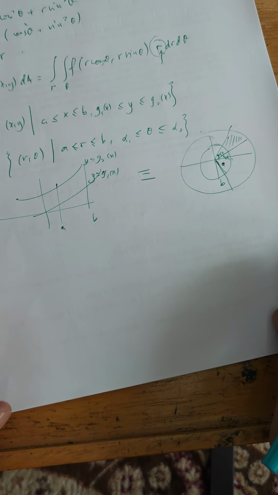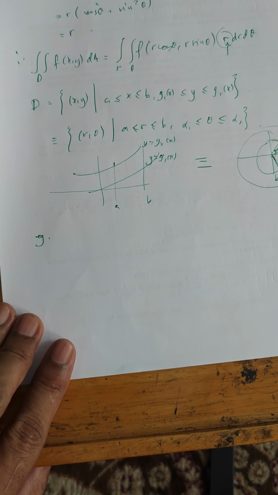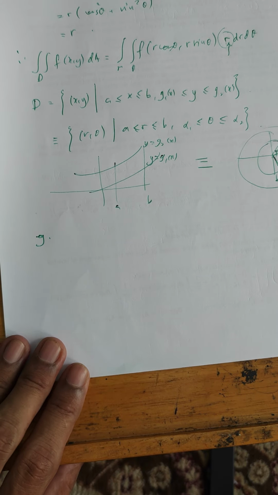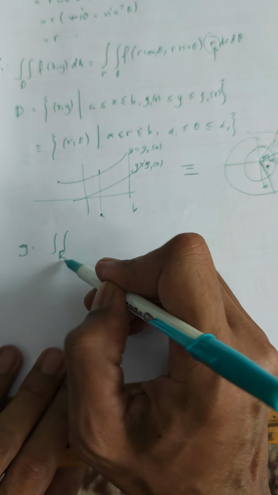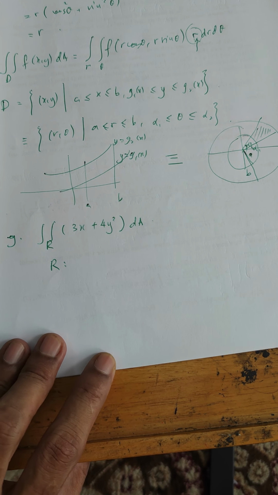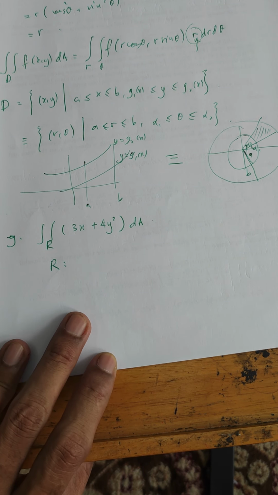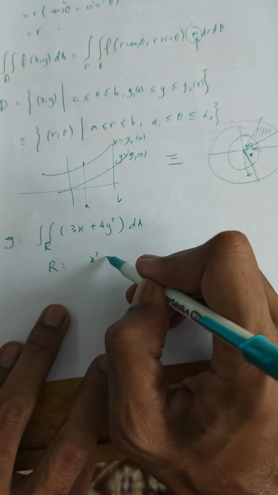Okay, now let's see an example. Let's say we want to evaluate the integral over region R of (3x plus 4y squared) dA, where R is the region in the upper half plane bounded by the circles x squared plus y squared equal to 1, and x squared plus y squared equal to 4.